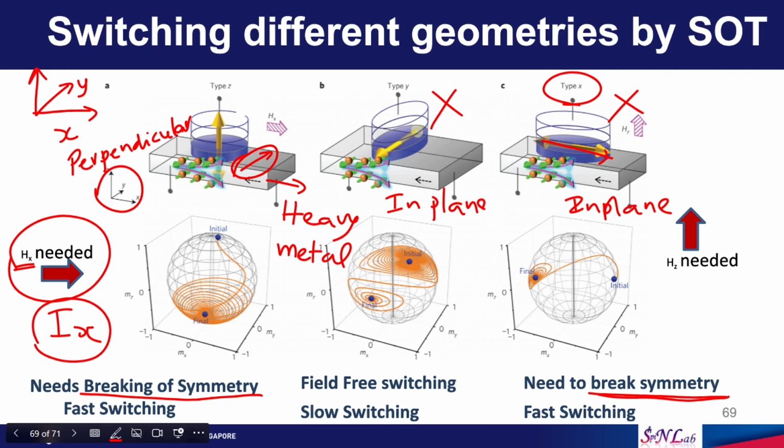When we talk about breaking symmetry, what it means is when you send these spins in the y direction, we usually use the symbol sigma y. So, these sigma y spins are going to the ferromagnetic layer. These sigma y spins can switch the magnetization from perpendicular pointing up to pointing down, but this is not stable.